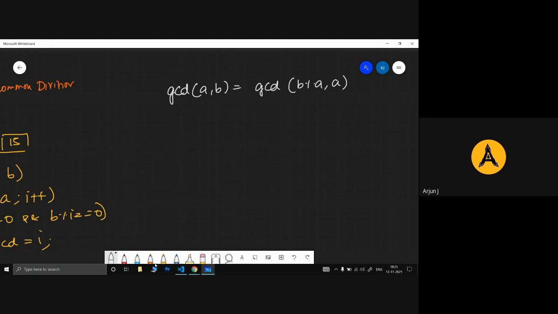Whenever we have two numbers a and b such that a is less than b, the GCD of a comma b is the same as GCD of b mod a and a. And he has also given us another condition that GCD of a comma 0 would be a. So I hope you get this.